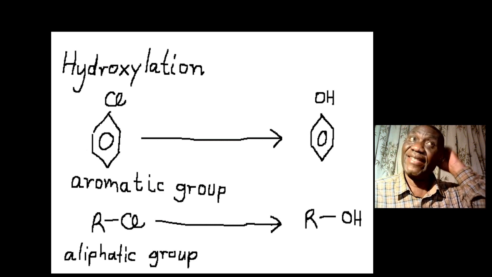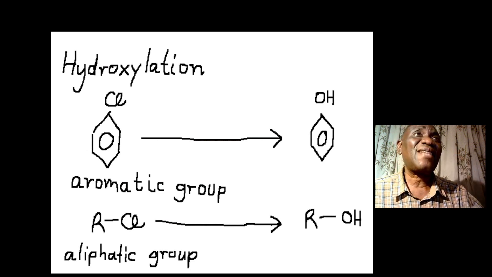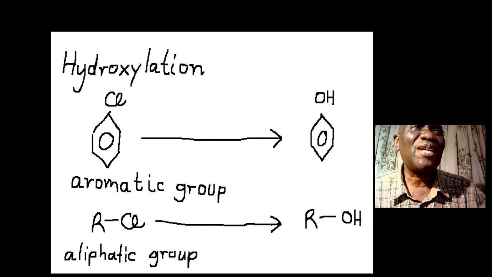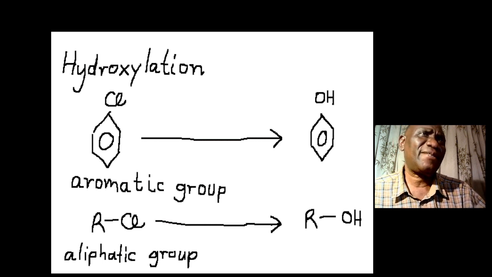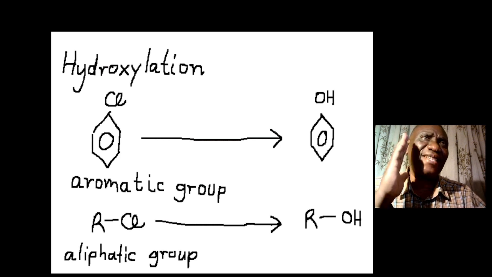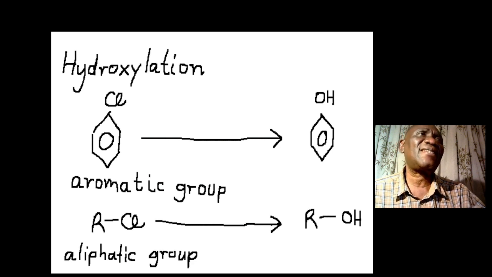Here is the first reaction, which is hydroxylation. If a molecule carries a halogen or a chlorine atom on it, it can be in this format if it is an aromatic group, or if it is an aliphatic group, it can carry this chlorine. So chlorine is the key to hydroxylation under the cytochrome P450 activity.